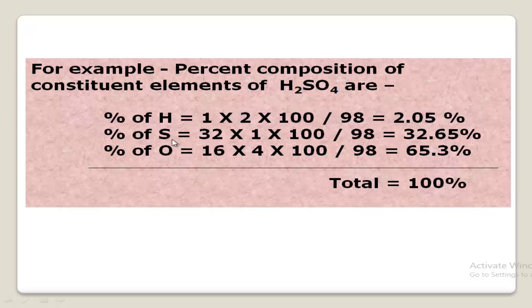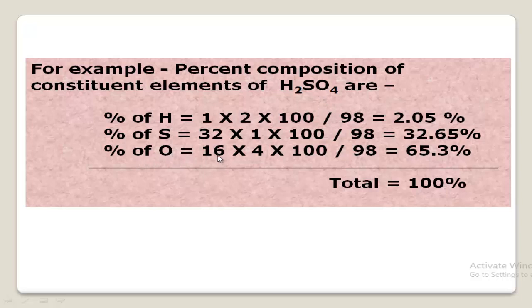Again, another constituent element, that is sulfur. Its atomic mass is 32, times number of sulfur atoms 1, times 100 divided by 98. So in percent composition, sulfur is present 32.65% out of 98. Now another constituent element is oxygen.